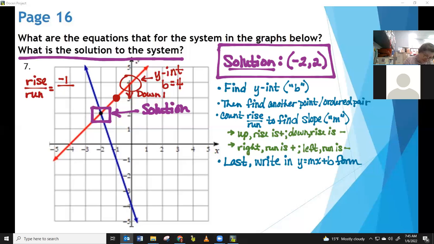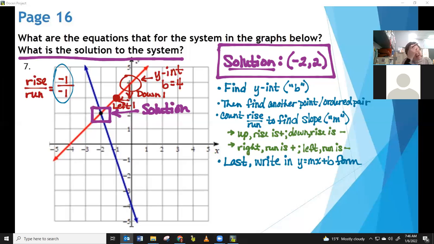I go left how far? 1 point. So left 1. If I go left, do I put a positive or a negative, Belzy? We'll get there in just a second. If I go left, is that a positive or a negative? Negative. Okay, so down on the bottom, I need -1. Now I'm going to look at my rise over run.